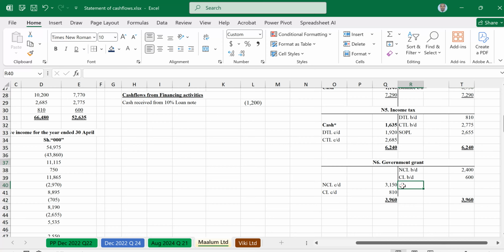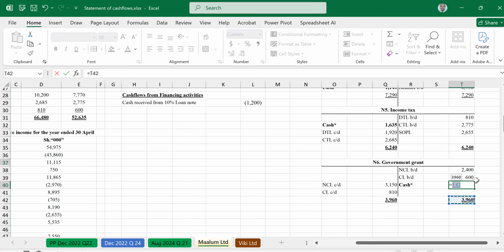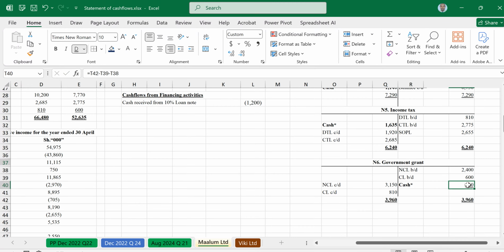Now the balancing figure will be cash that was received from government grant. Cash received from government grant equal sign, that 960 minus 600 minus 2,400. That gives us 960.